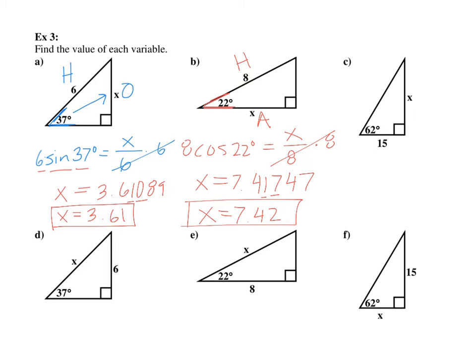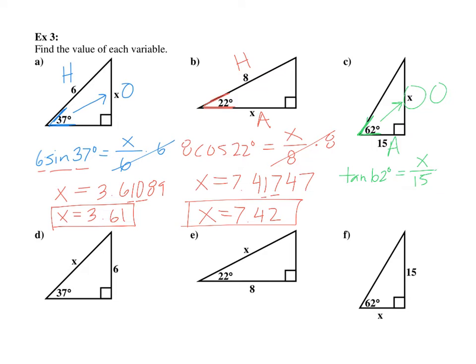For part C, all right, I have the 62-degree angle here. I have the opposite side that I'm trying to find, and they give me the adjacent. All right, so I'm going to be using the tangent function. So I have tangent 62 degrees, and that's equal to x over 15.